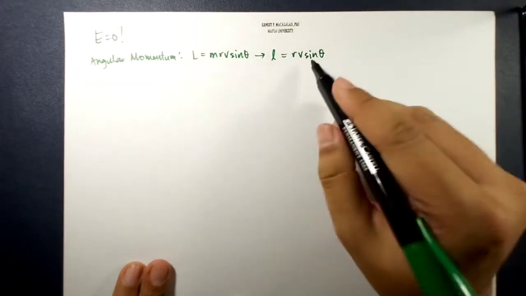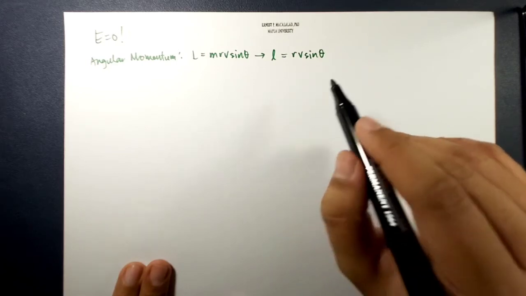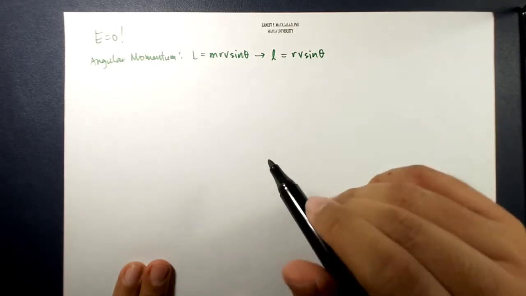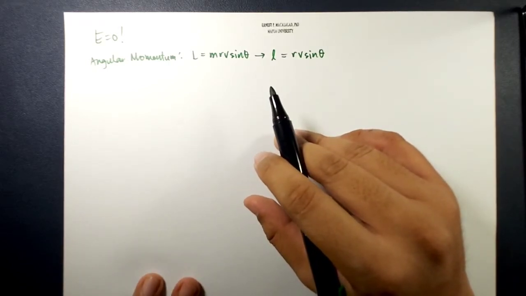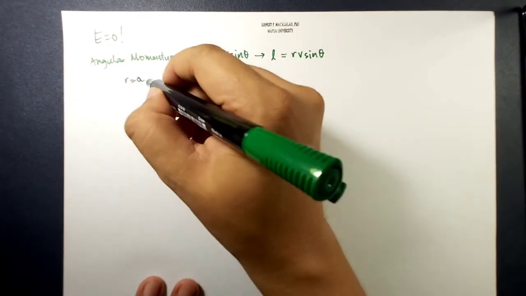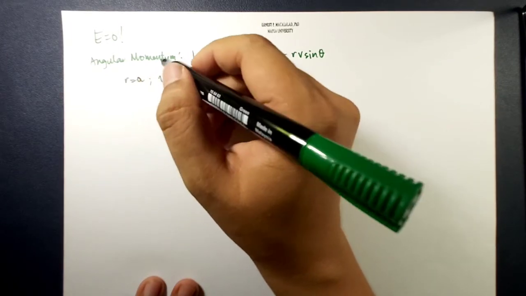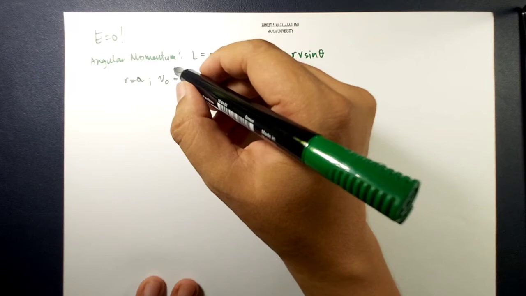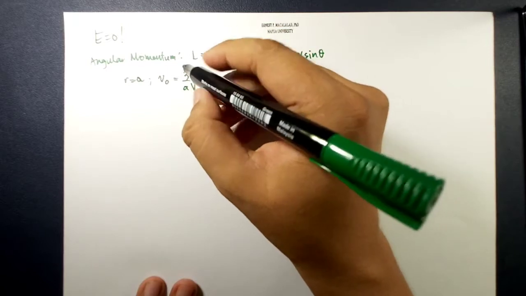Because this is constant, we can identify the angular momentum at any point in time, and it will be the same for all other instances. Initially, we know that at r equal to a, the speed is v naught, which is equal to 3 over a times square root of k over 2.